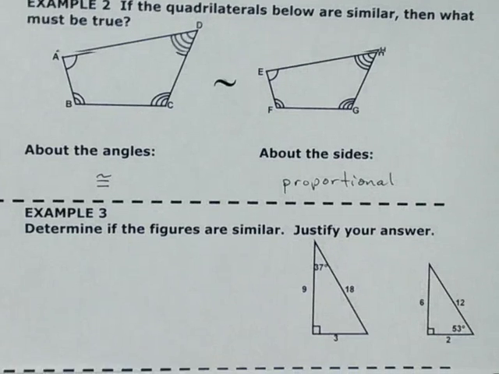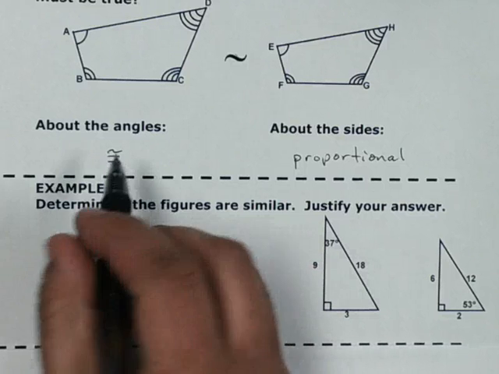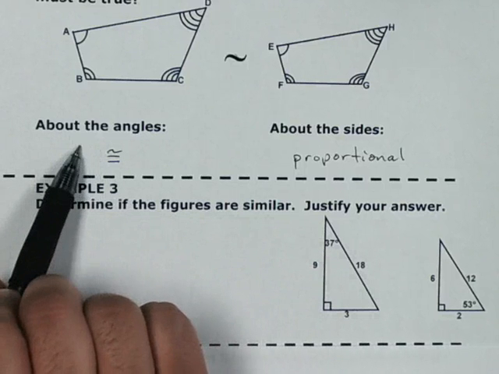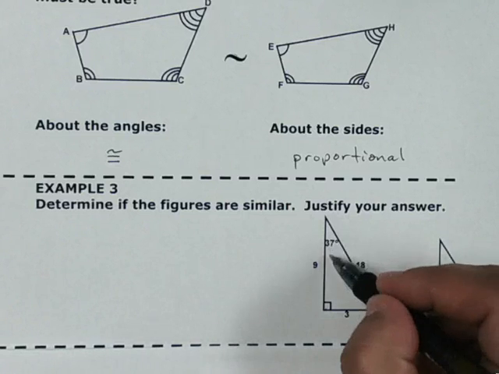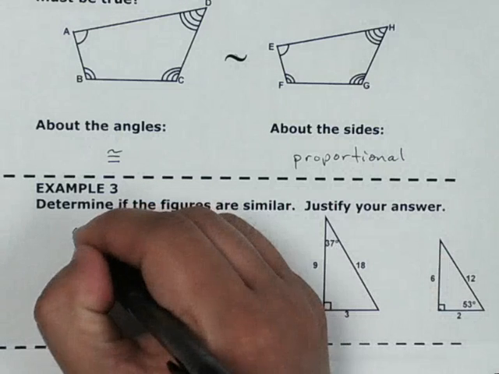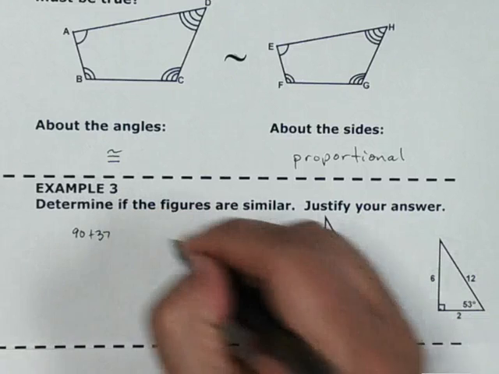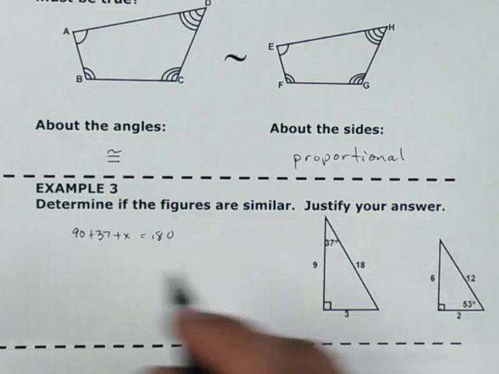Alright, example 3: determine if the figures are similar. I have to compare my corresponding angles. So I have a 90 and a 90. Then this angle appears to be 37. I need to figure out what this one is. 90 plus 37 plus this x has to add up to 180.